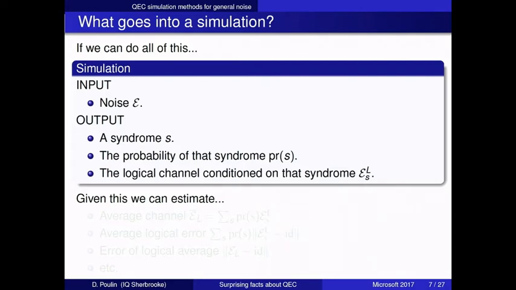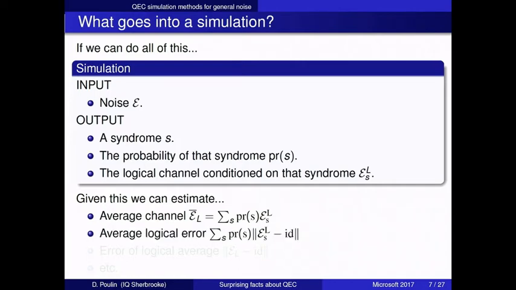And typically it will depend on the syndrome that you obtain. And then you can repeat this many times and start averaging over the syndrome and say, this is my average logical channel, or I could say, here's my average logical error, or here's the error of my logical average. These two things are not the same. And you can compute any statistical figure of merit that you want.